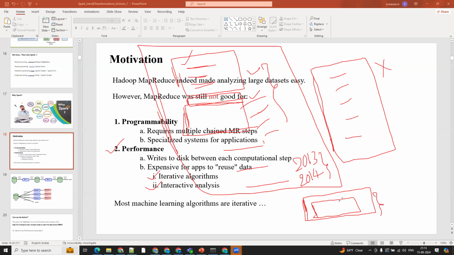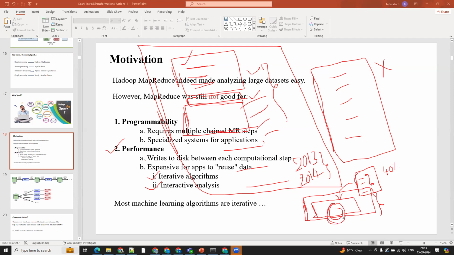Now, we have to apply these algorithms on top of data continuously. We read the data and do some predictive analysis. If the accuracy is only 30% or 40%, which we test in the machine learning algorithms, again we have to apply the algorithm on the data. So let's say this time the accuracy you got is 40%.